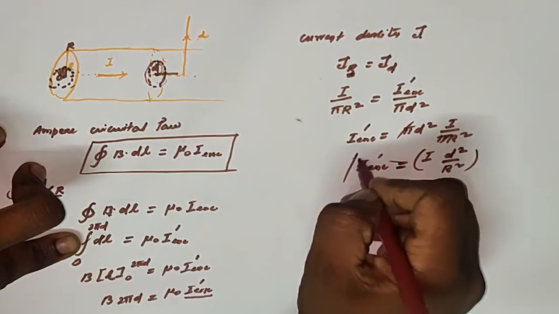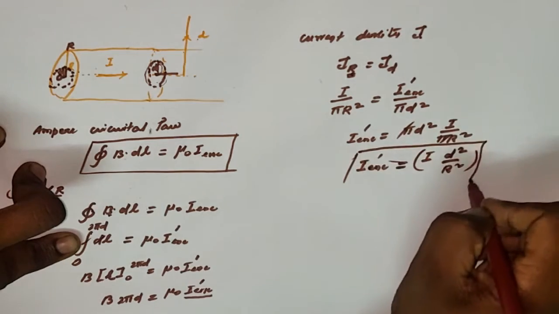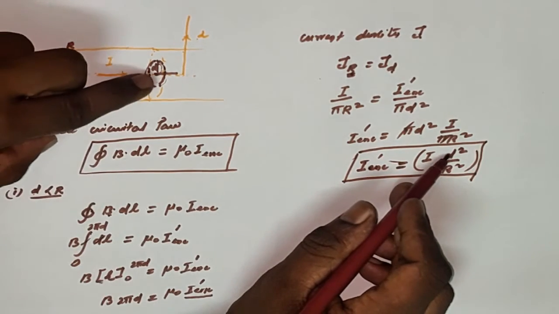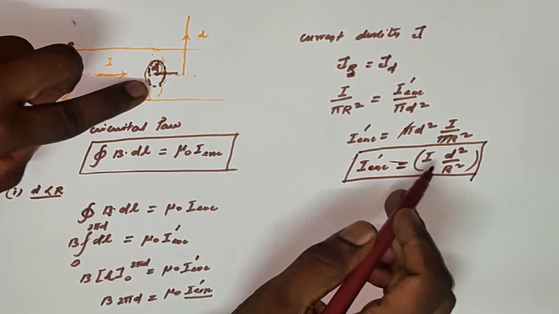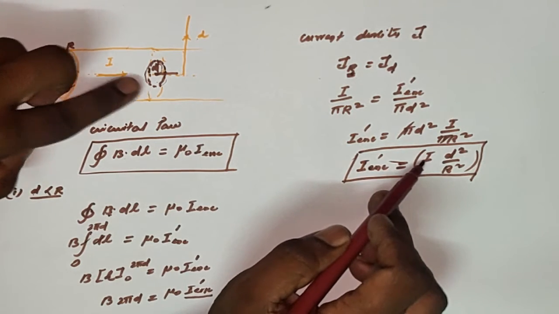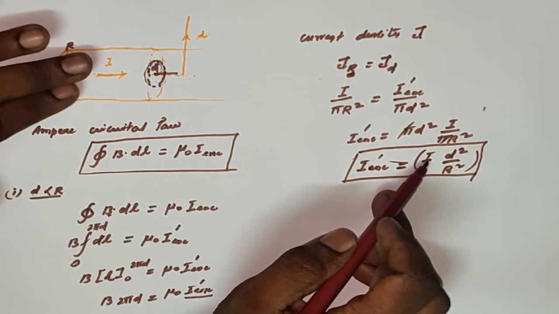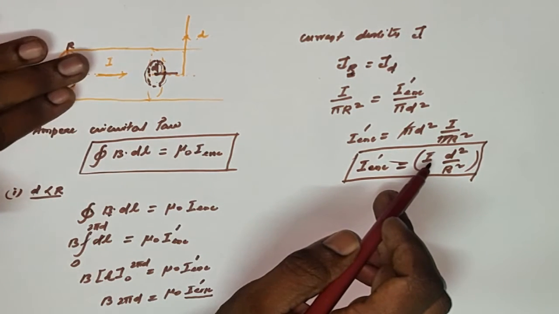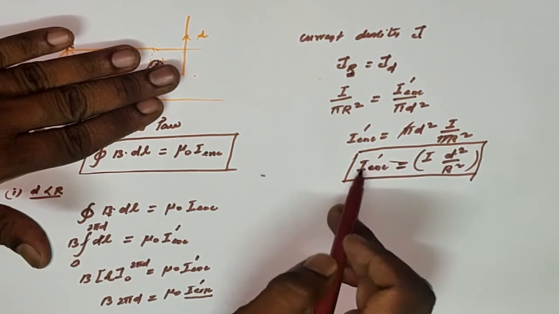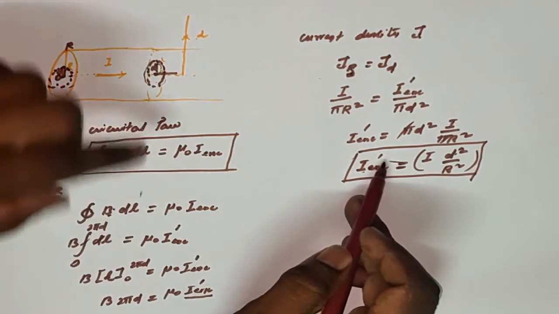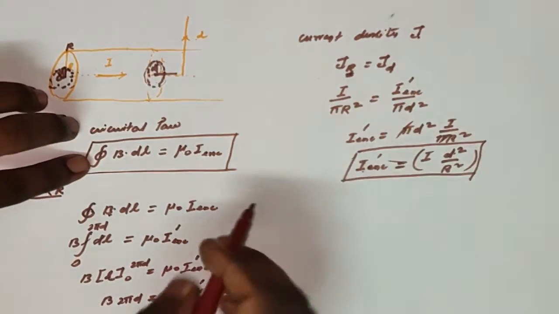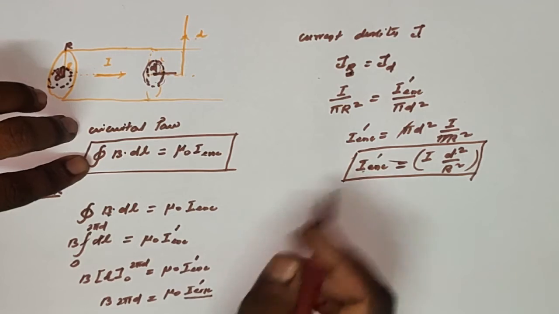This is the amount of current passing through the smaller circle of radius d. Once you know the small d, the capital R, and the constant current I carried by the cylinder, these three quantities let us find how much current is enclosed within the circle of radius d. Now we can substitute this here.